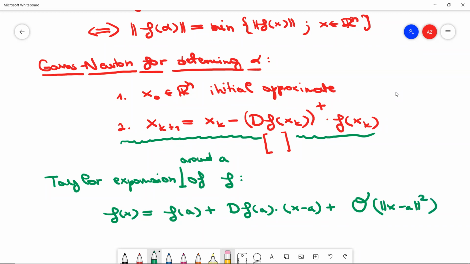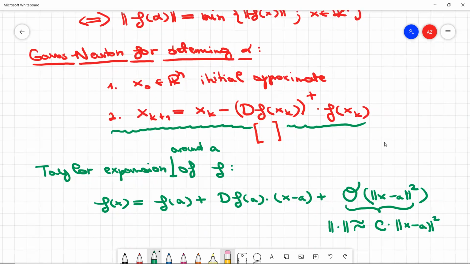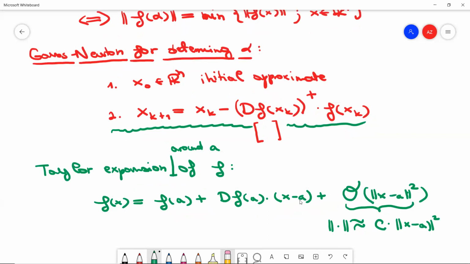This big O notation means that what remains is approximately some constant times the norm of x minus a squared. And you see, if x is very near to a, then this error is negligible compared to the linear part.